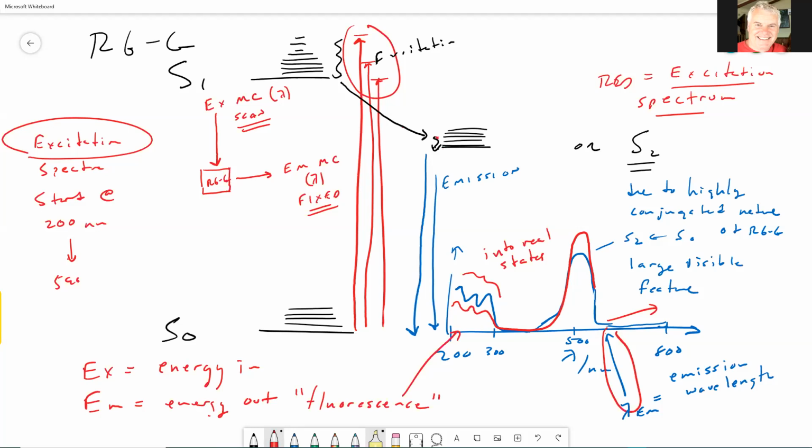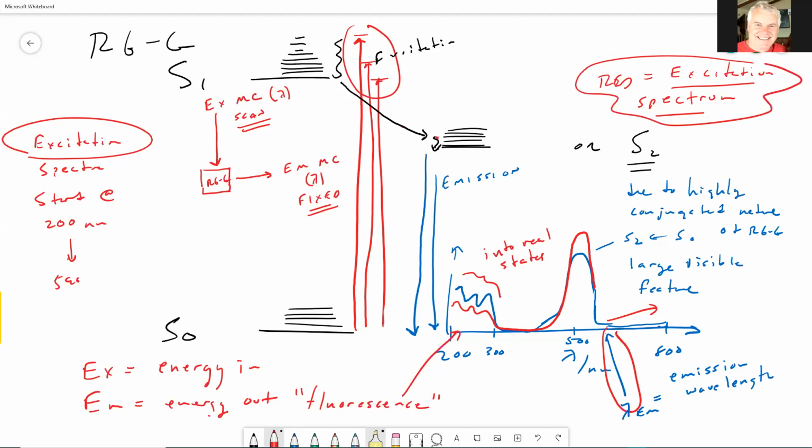But in this particular case, it's fluorescence, right? Fluorescence or luminescence. Phosphorescence definitely involves a triplet state, and it's a longer lived triplet state. So this is an excitation spectrum, right? This red one. So the red guy here is an excitation spectrum.